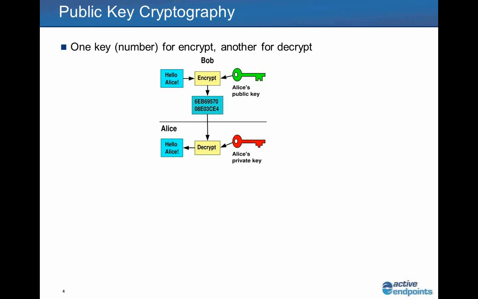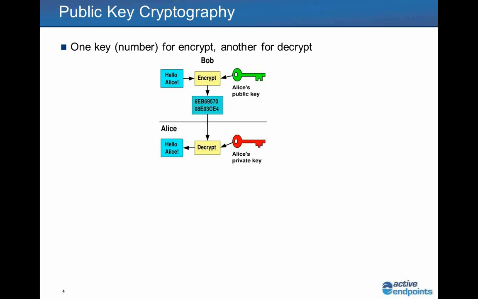So let's look at public key cryptography to go to the basic underpinning of this whole thing. The basic insight is that there's a lot of value in having asymmetric encryption.